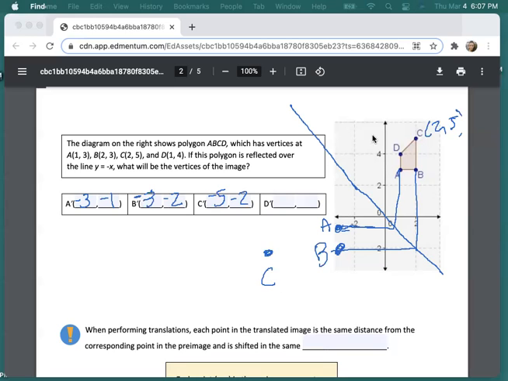And then D is at 1, 4, so it'll be at -4, -1. So your new shape would be here.